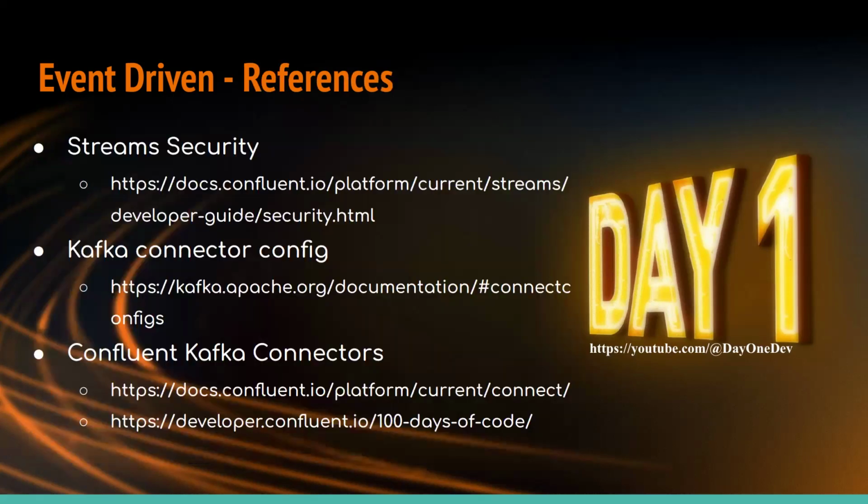So let's see some references I want to provide you. Coming to streaming security, I do recommend looking at the Confluent project. Confluent is the commercial version of Kafka. They use Apache Kafka and they provide support.